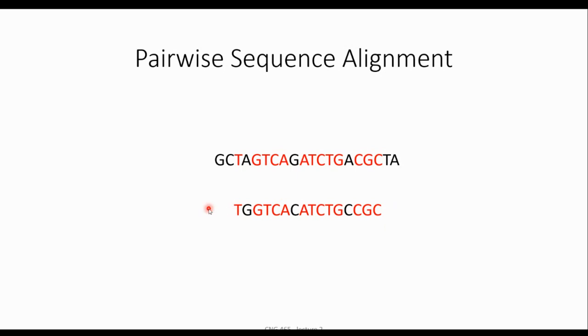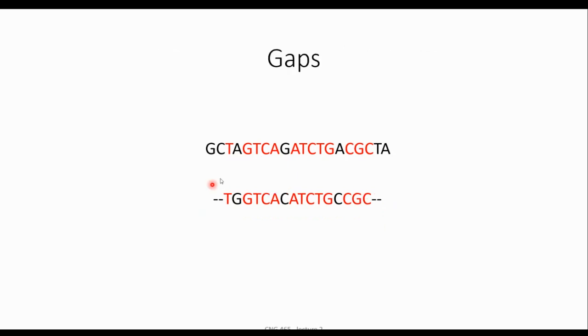And that's why we introduce gaps. You see, we can show them by dashes like this. So we align G with a dash, C with a dash, and they are meaningful; later we will talk about why we do that. And it's not wise to align one gap to another gap.